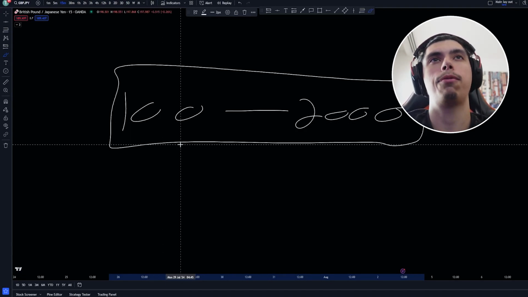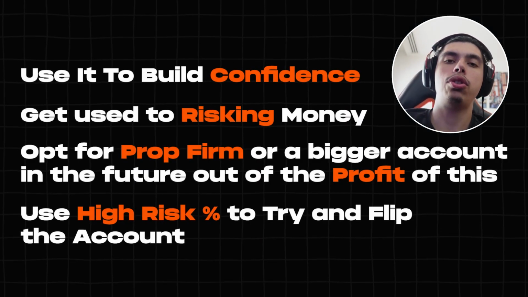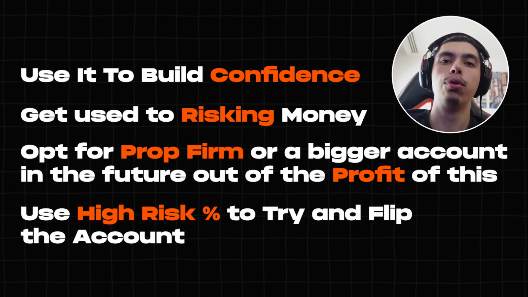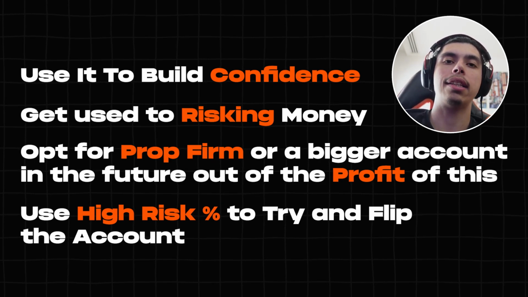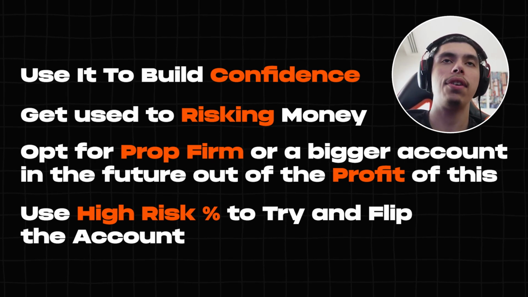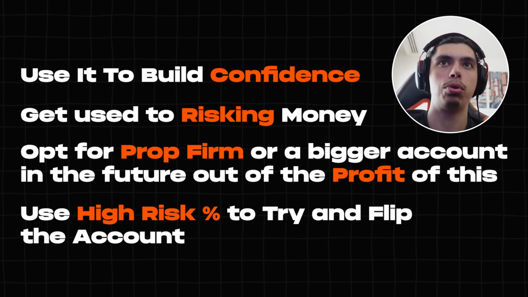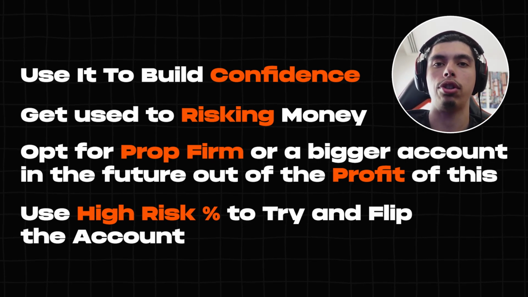So I'm going to list a few points that you have to have going into a small account. Number one, this is your confidence building tool. This is to prove that you can trade to yourself and at the same time show consistency. Number two, it's not going to be heavy amounts of risk that you're going to be emotional, so you can learn to control emotions and learn how it feels to increase risk.